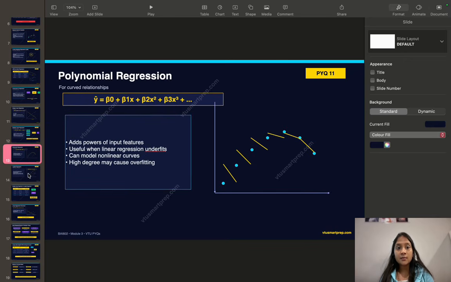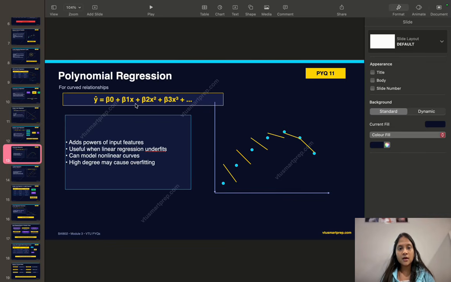Next, we have polynomial regression. The formula is y cap equals b naught plus b1 x1 plus b2 x2 plus b3 x3, that is x square, x cube, and so on. This is the formula for polynomial regression. Then you write the explanation: it adds powers of the input feature.